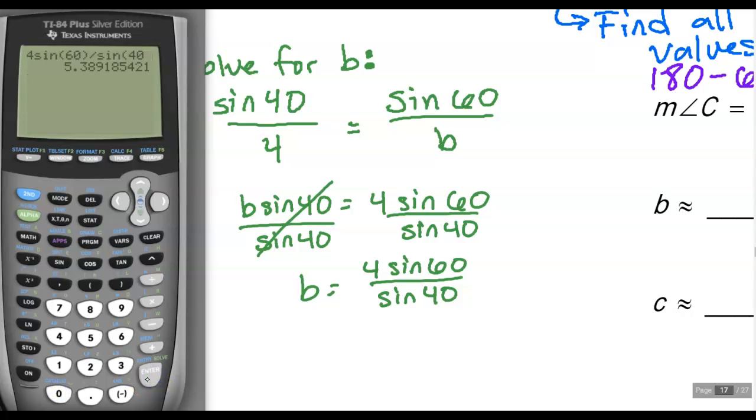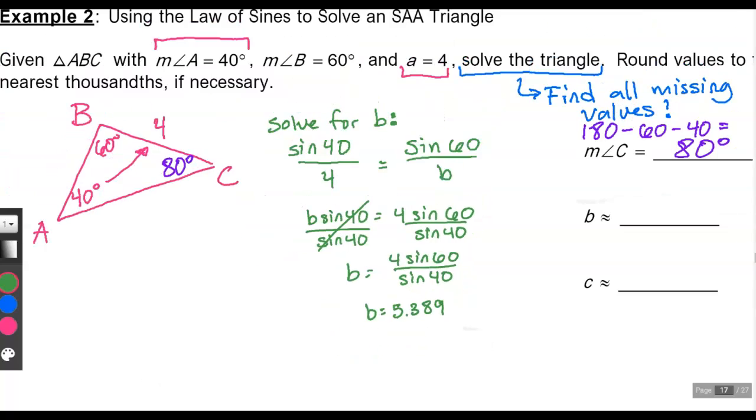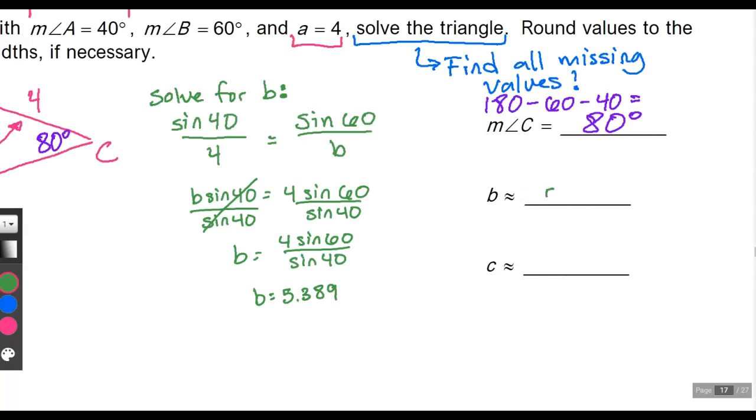And you get 5.389. There is no unit in this problem, so we'll just write 5.389.